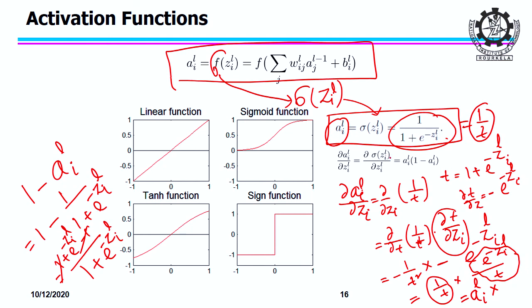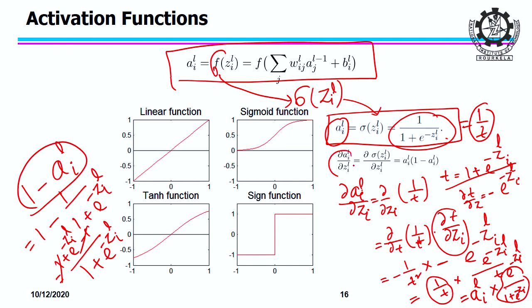T is nothing but 1 plus e to the power minus z_i^L. So this is nothing but 1 minus a_i^L. Therefore, the derivative is a_i^L into 1 minus a_i^L. So this is the derivative part, which we did here.